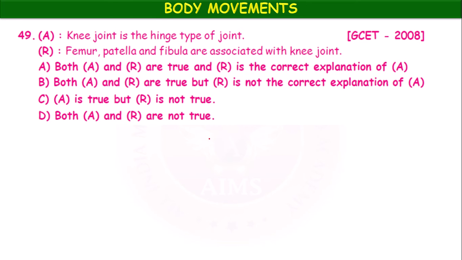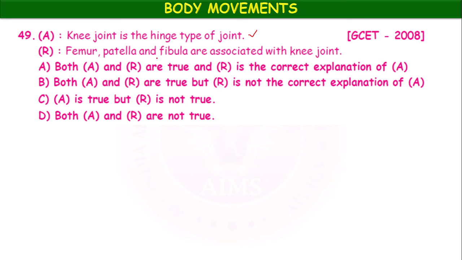Okay, here is an assertion and reasoning type question. Assertion: knee joint is the hinge type of joint. Next, reason: femur, patella and fibula are associated with knee joint. Okay, here which one is the right one? We have to choose. Here the knee joint is a hinge joint.